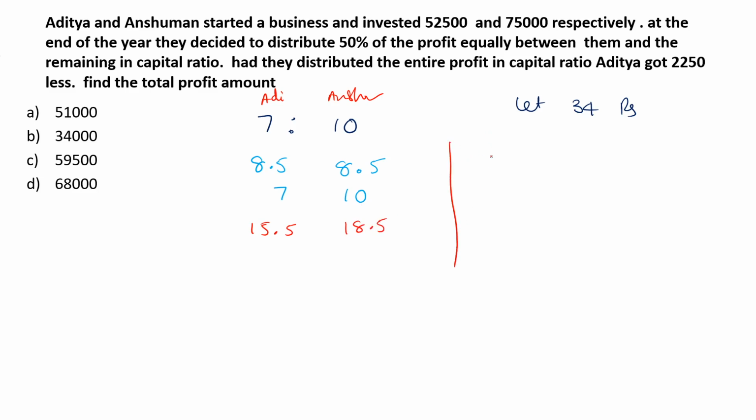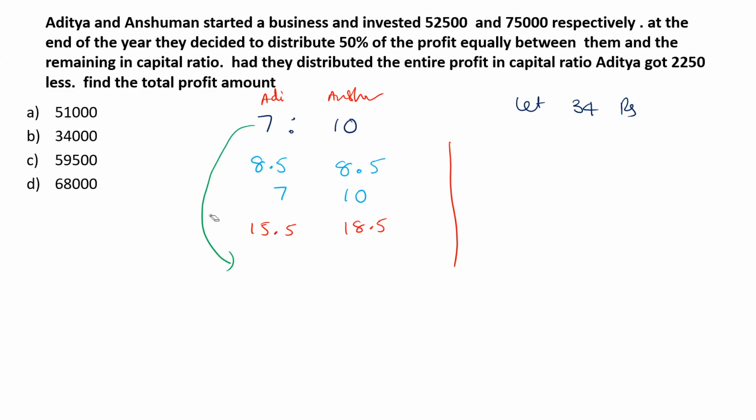But had they distributed the entire profit in the capital ratio, then Aditya would get 14 rupees. Why? When the sum of 17 is 34, then the value of 7 would be 14.